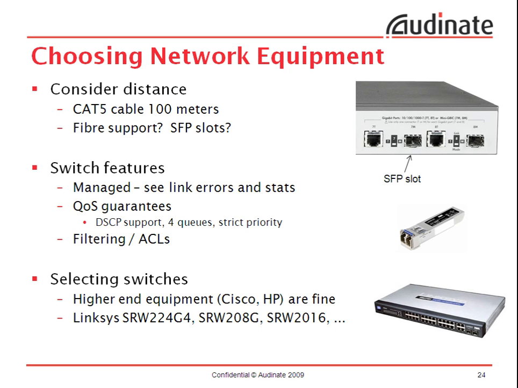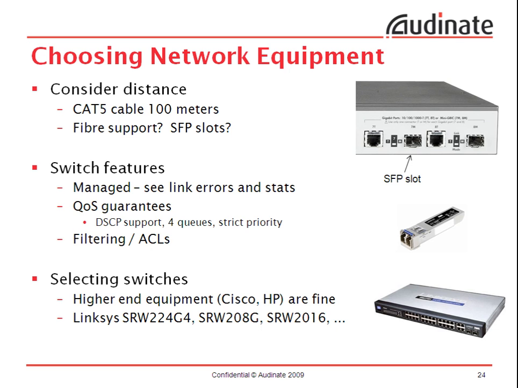Dante leverages voice over IP style quality of service to provide guarantees for audio and clock synchronization traffic on the network. DiffServ, or DSCP QoS, quality of service, prioritizes audio and clock synchronization traffic over control or other traffic on the network. So we would recommend that you use a switch supporting DiffServ with 4 priority queues and using strict priority.